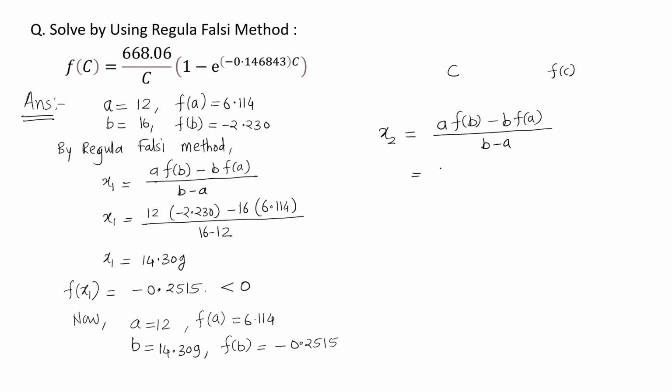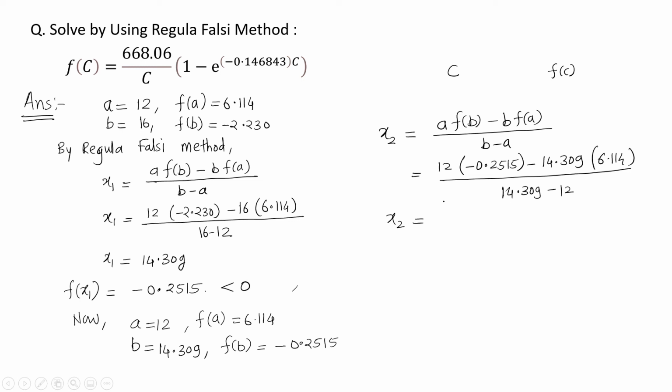So a is equal to 12, f of b is equal to minus 0.2515, b is equal to 14.309, and f of a is equal to 6.114, divided by b minus a, 14.309 minus 12. Let's calculate what it comes to.